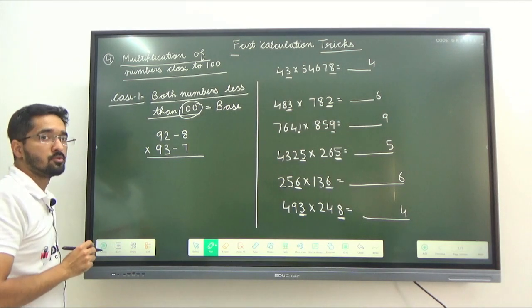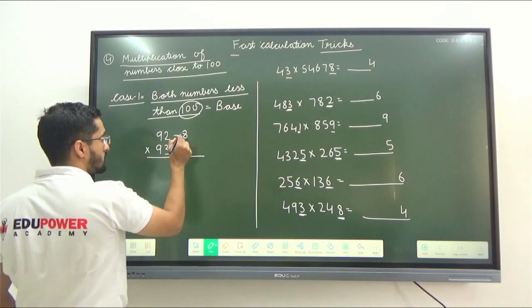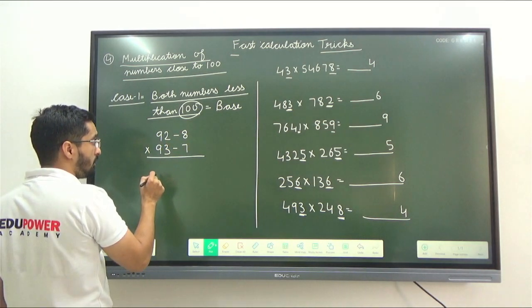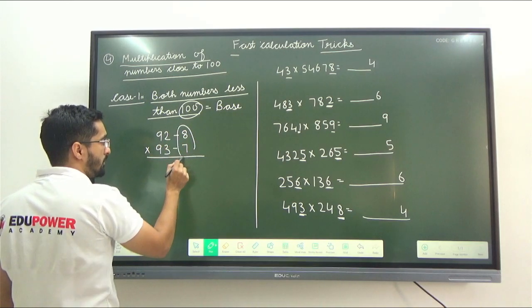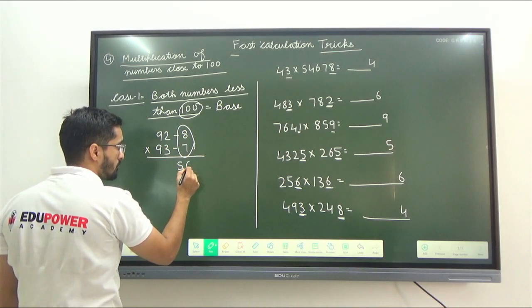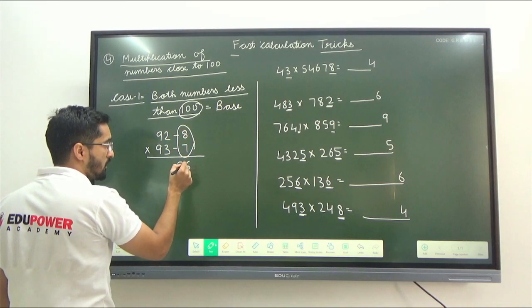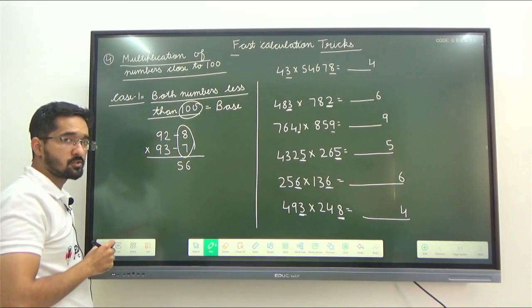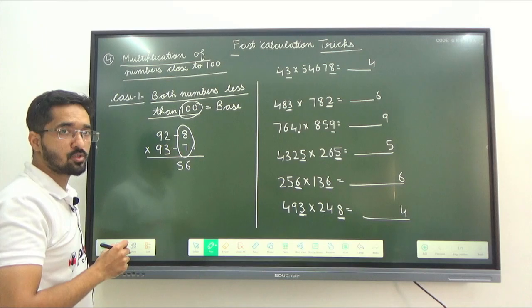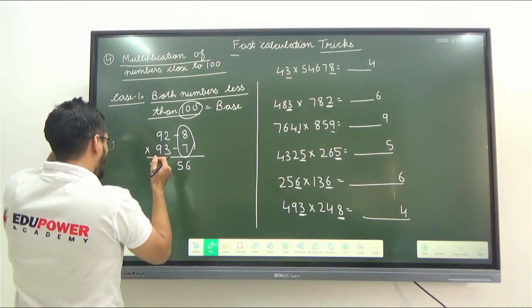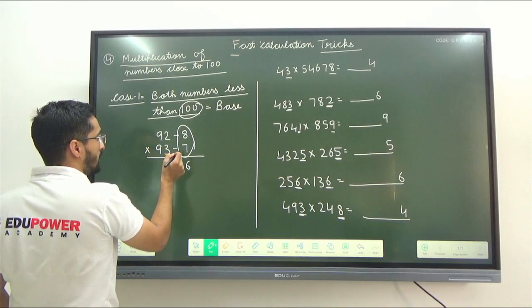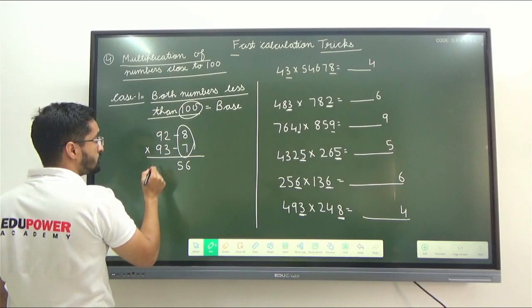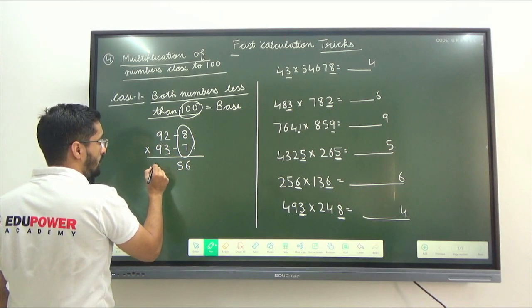Now, magic happens. The product of 92 into 93 is nothing but this. 8 into 7 you get 56, and 92 minus 7, what do you get here? 92 minus 7 is 85.